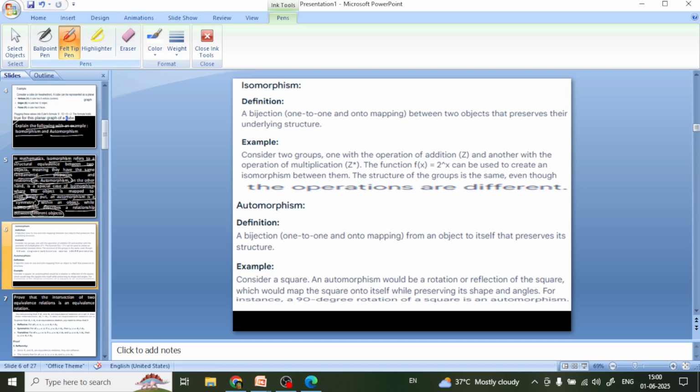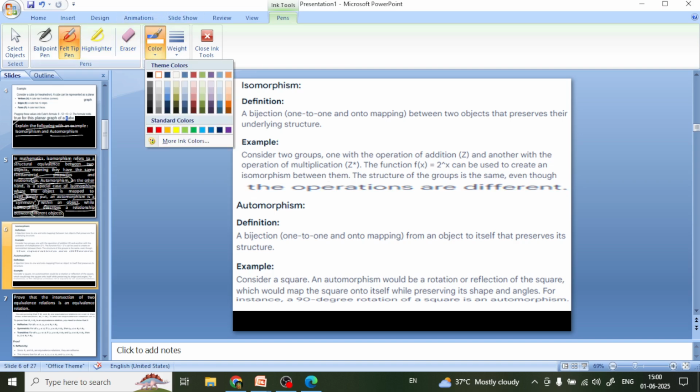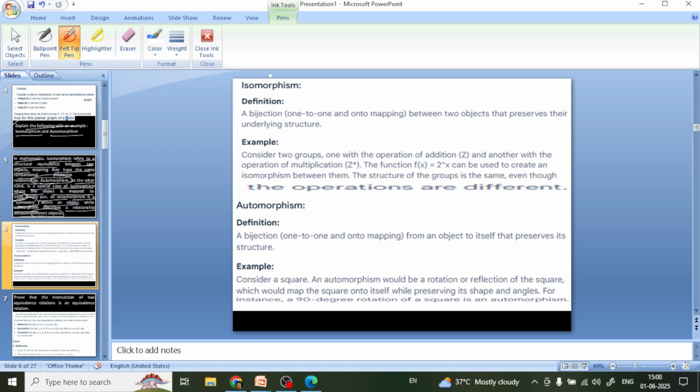Now, these are the definitions of isomorphism and automorphism. First is isomorphism. Isomorphism means a one-to-one onto mapping between two objects, and they preserve their underlying structure.